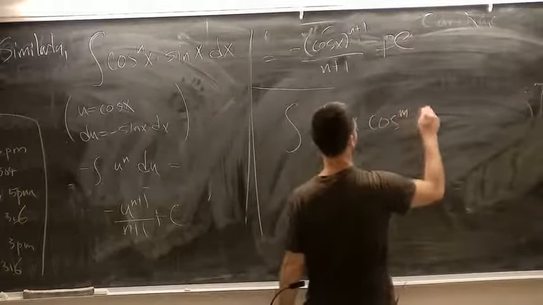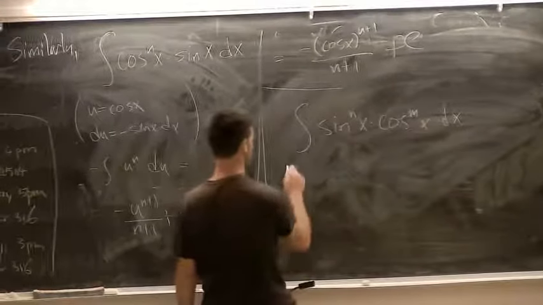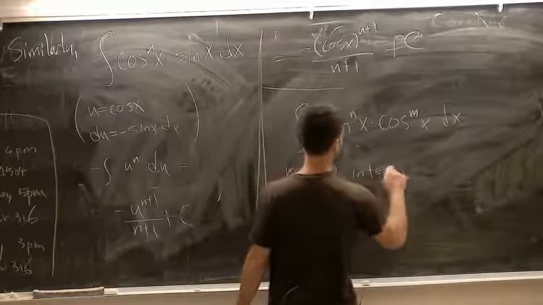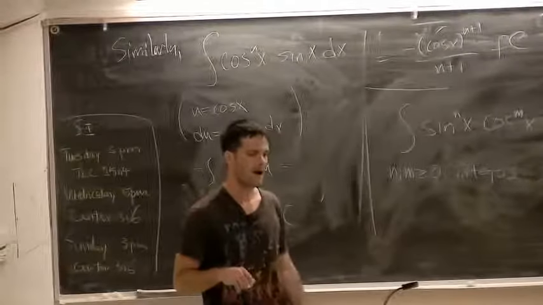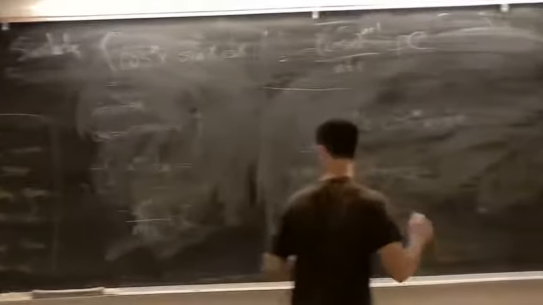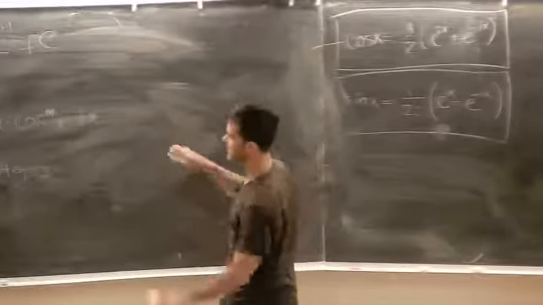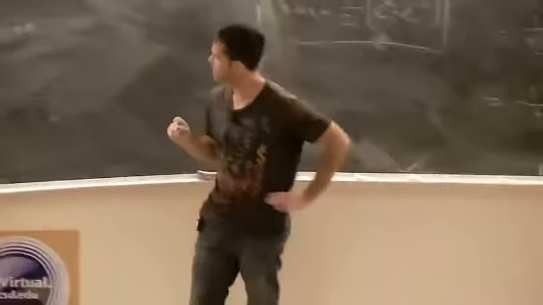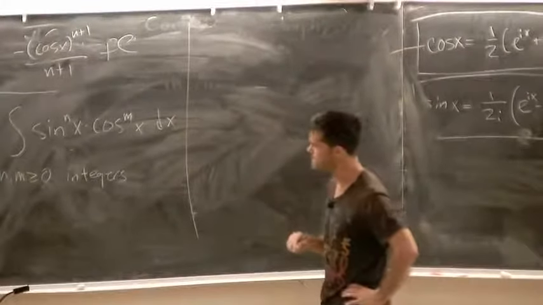Okay, so if n and m are positive integers, I think we've pretty much taken care of almost any situation. We can now handle this integral. So I'm going to write you a little flow chart of what to do here.